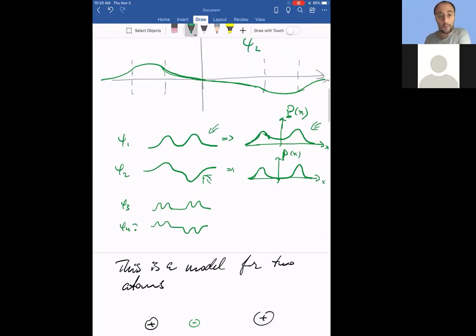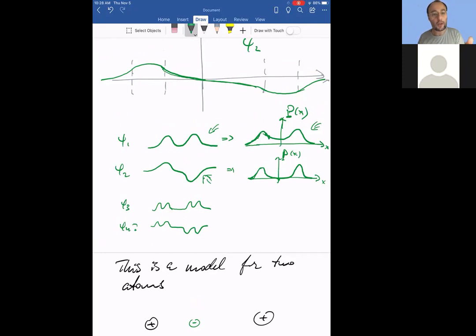The energy of psi 1 and psi 2 is generally not the same unless they're so far away that it's just individual wave functions that only differ by flipping a sign. Sign does not determine the energy. But when you bring the wells close enough and the wave functions begin to overlap, then in general, the energy of psi 1 and the energy of psi 2 would not be the same.